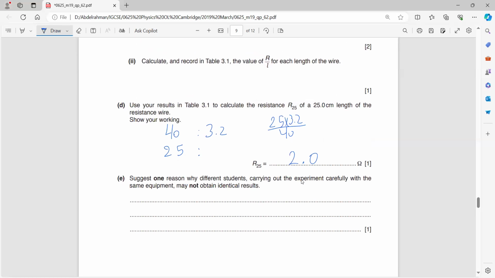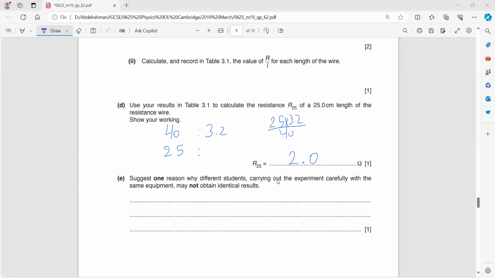Suggest one reason why different students carrying out the same experiment with the same equipment may not obtain identical results. Why might not all of these students obtain the same results? It's a very logical reason.